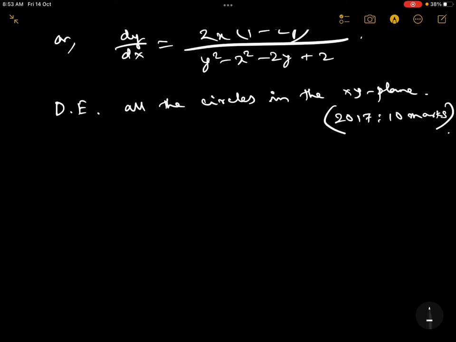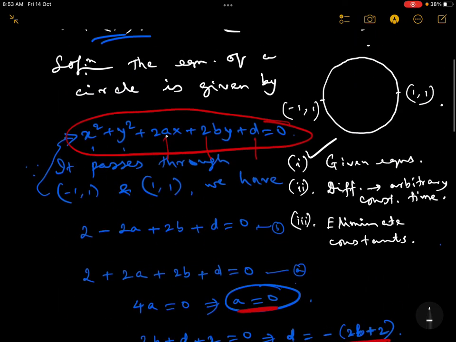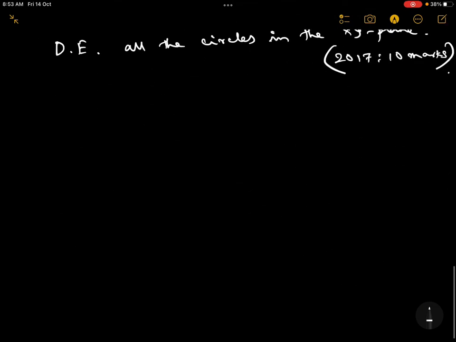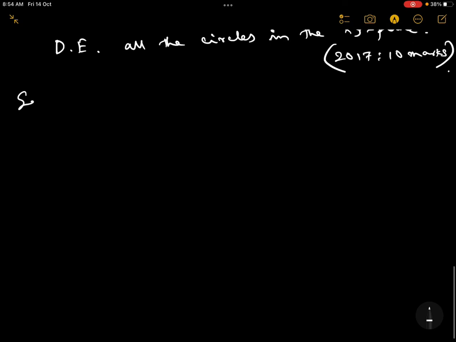Okay, we know the general equation. See, there are lots of forms of the equation of a circle. Now we won't be taking this form again. This form is necessary when the points are given. Okay, we have this and this. Now I'm going to take up another form.